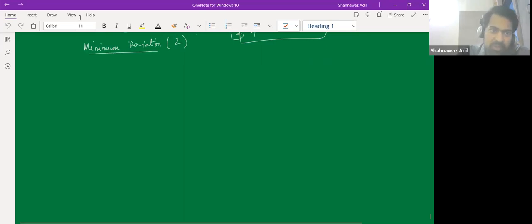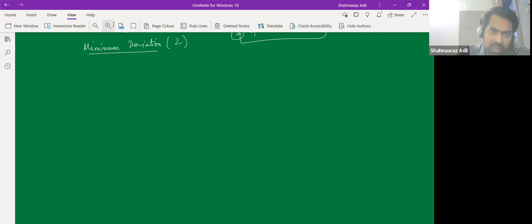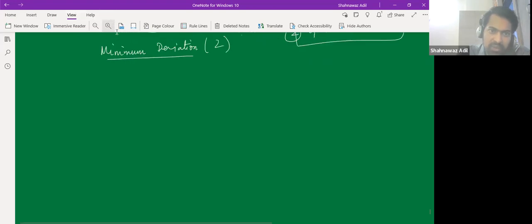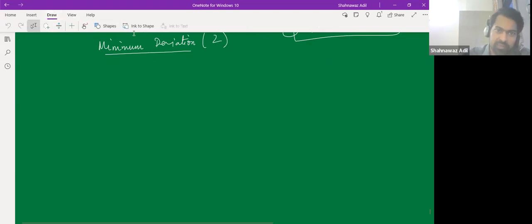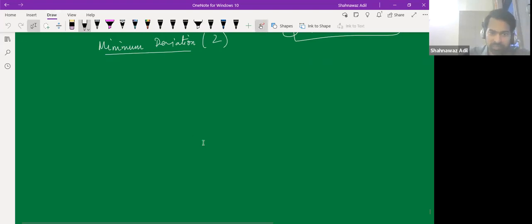So let me zoom out this one. And we will always use this condition. This is the most general condition that we use. So what are the things that we know already?